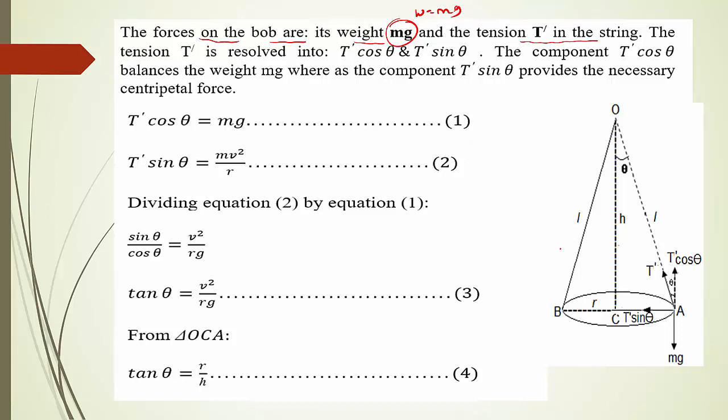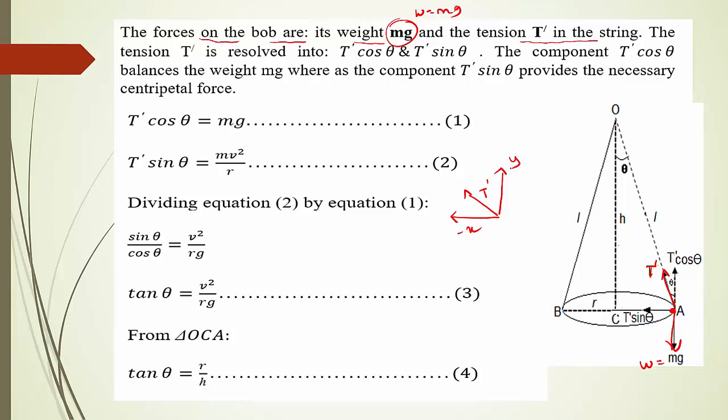You can observe, suppose I consider the bob at point A, its weight is acting vertically downward, W equal to mg. Tension in the string is acting along the thread. Let us take it as T dash. Now, I am going to resolve T dash into two components, one along the x-axis, another along the y-axis.